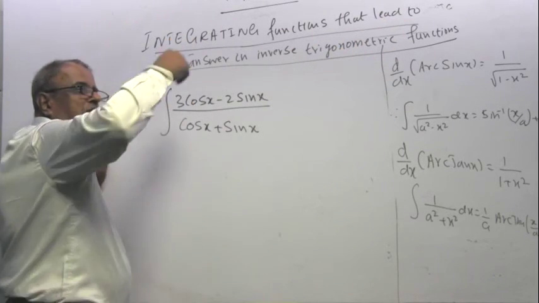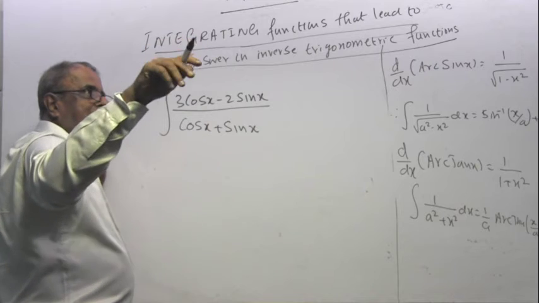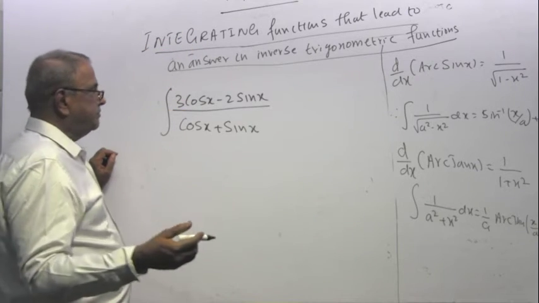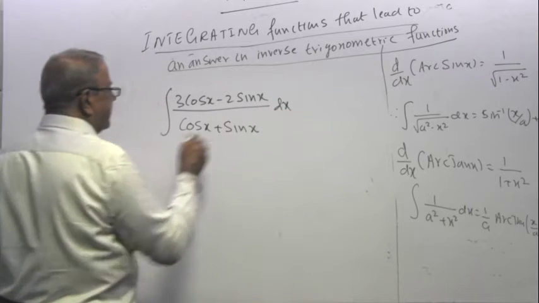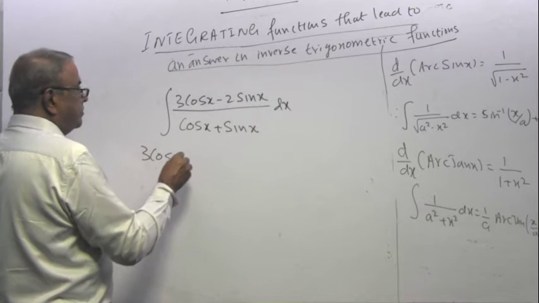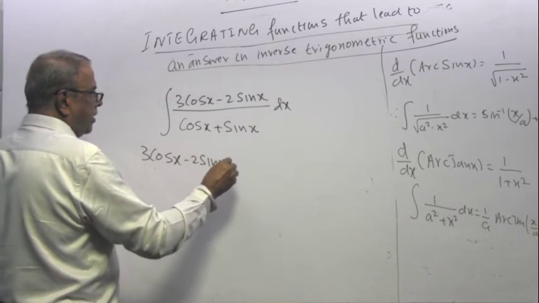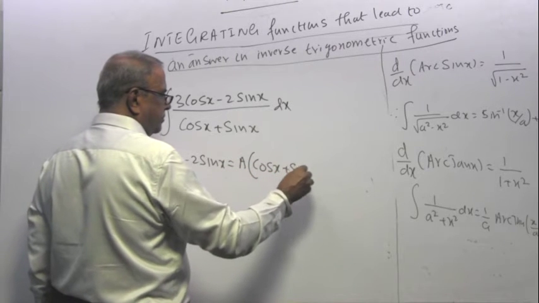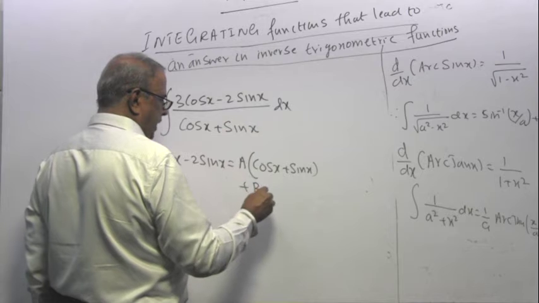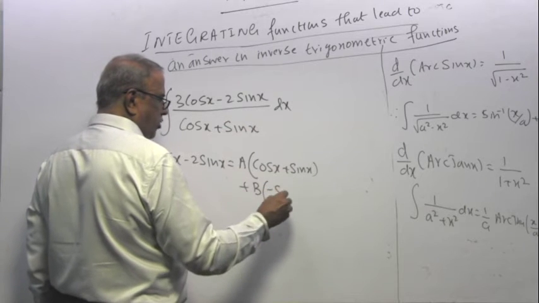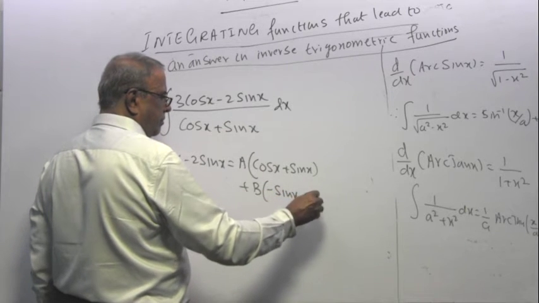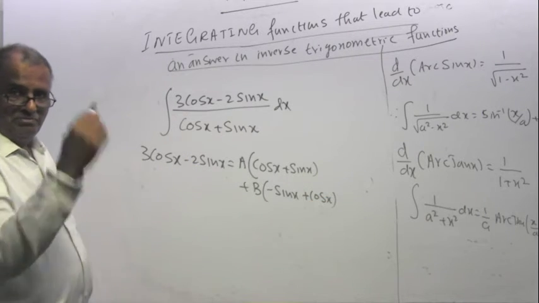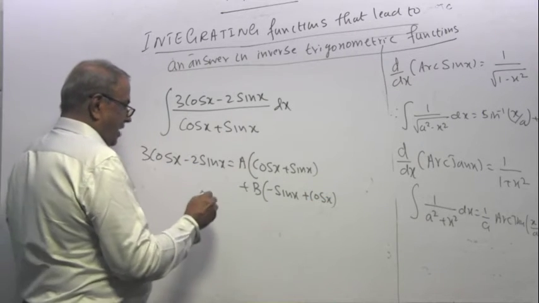Or if I go back to what I was saying, I said a cos x plus b sin x, either a or b could be 0, but p and q cannot be 0. So numerator equal to a times denominator plus b times derivative of denominator. What's the advantage? You will see once I complete the question.